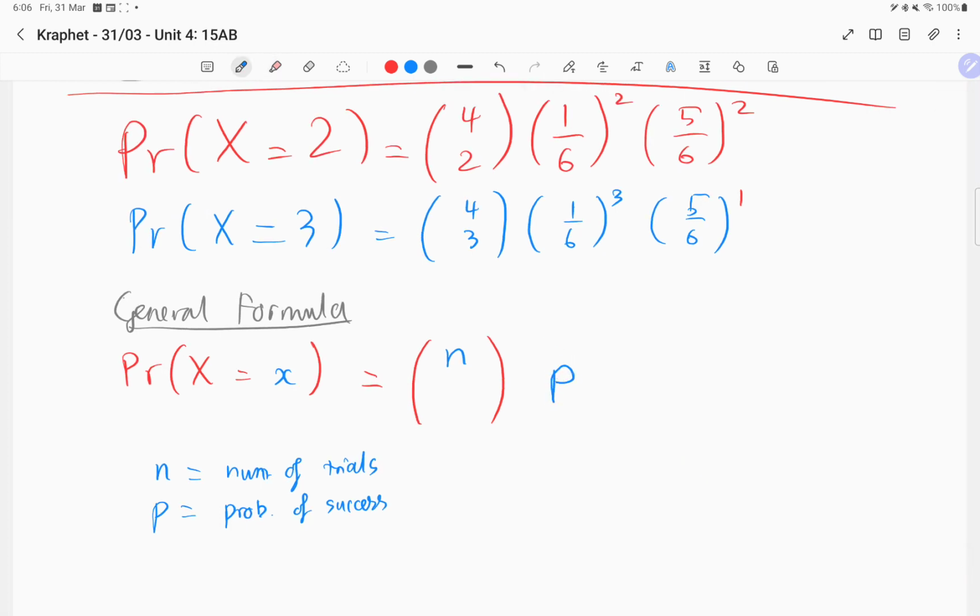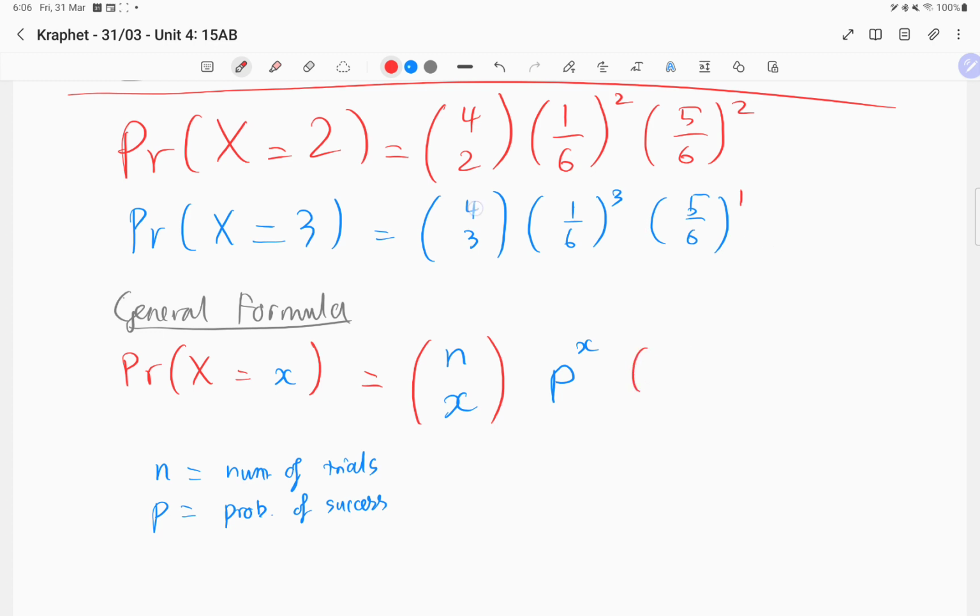Let's say we want x successes, that means out of n trials, you want x successes. And if there are x successes, then you need to multiply p by itself x times. Make sense? And after that you need to multiply by the probability of failure.